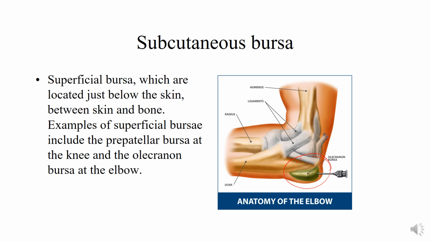Due to repeated friction when students study by putting the elbow on the table and continuously pressing on it, this bursa becomes inflamed, causing pain while performing movements at the elbow joint. So this condition is known as student's elbow.